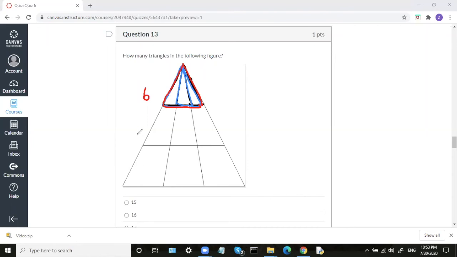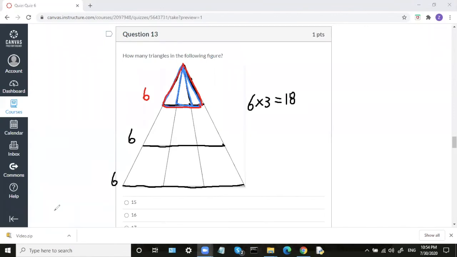Okay, the same, let's look at this layer as the base. The layout is exactly the same, just larger triangles. So that also gives us 6. And the last layer, this base, also gives us 6. So 6 times 3, 18.